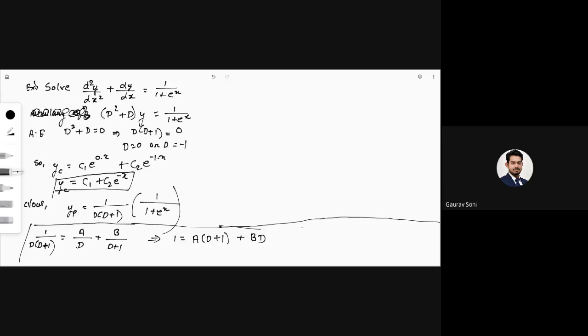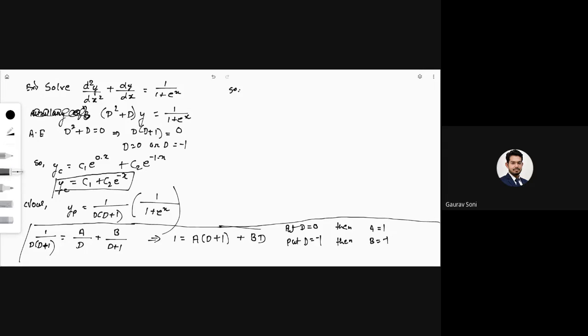If I put D is equal to 0, then A is equal to 1. Then I will put D is equal to minus 1, then B is equal to minus 1. So what we have got, we will use it over here.